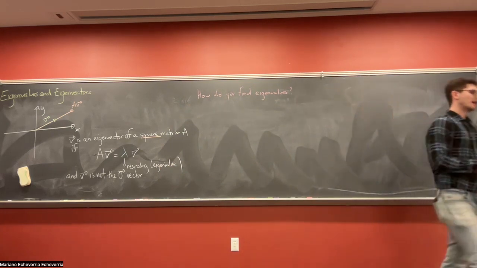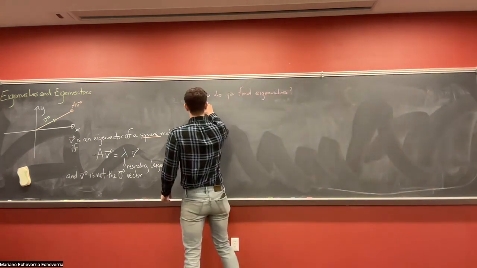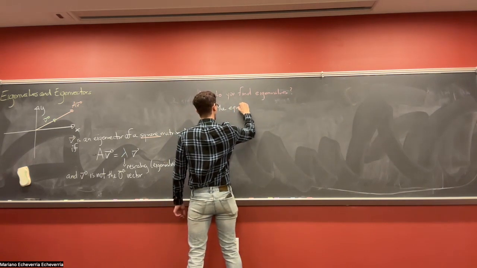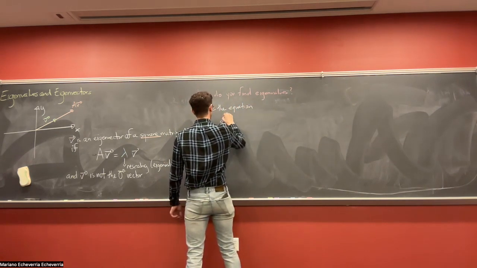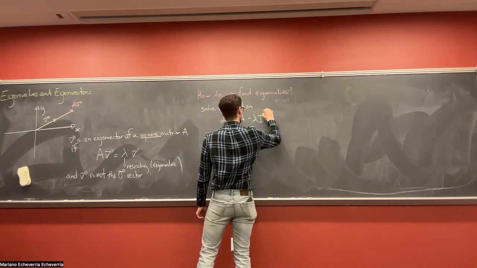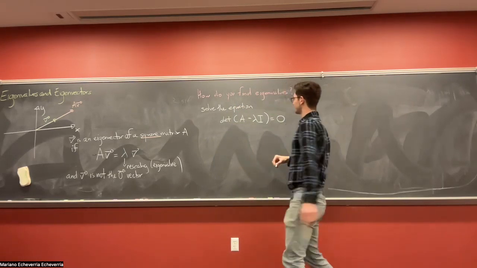What we saw is that to find the eigenvalues, you have to solve the equation determinant of A minus lambda I equals 0, where I is the identity.